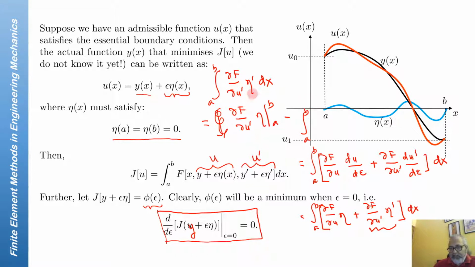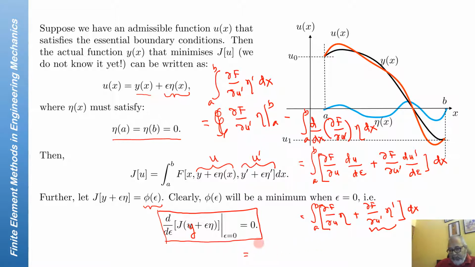I have to take the derivative of this, so d/dx of ∂f/∂u', and integrate this, that will give me η dx. So this is the second integral.